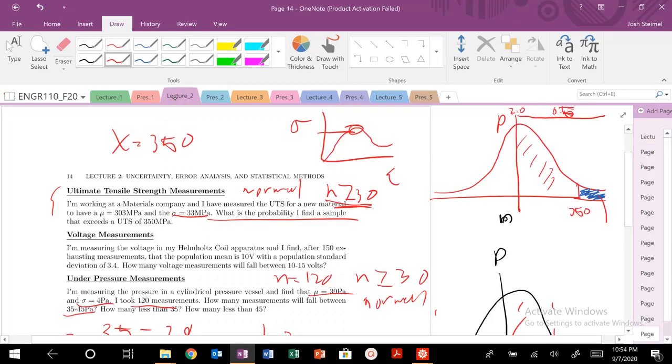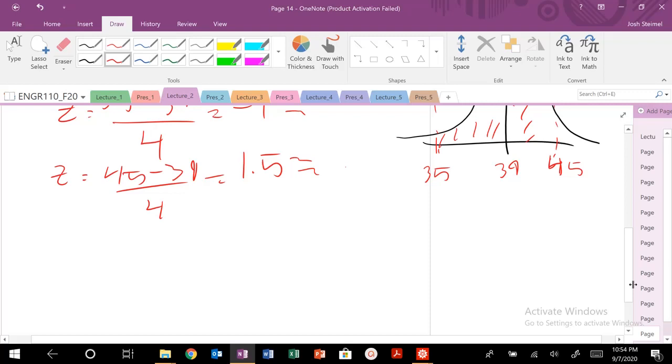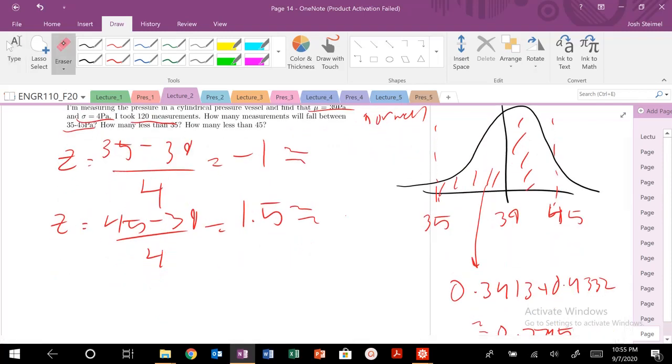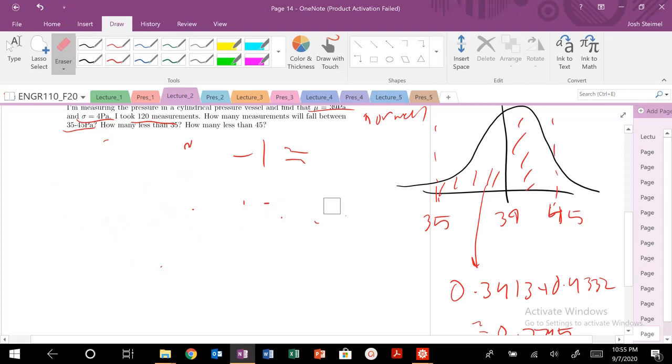So the total area here is just 0.3413 plus 0.4332. That's going to give me an area of 0.7745. That's the first problem. Then it's asking how many are going to be less than 35.